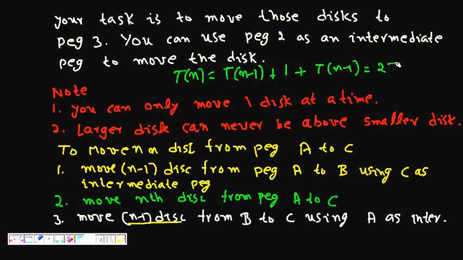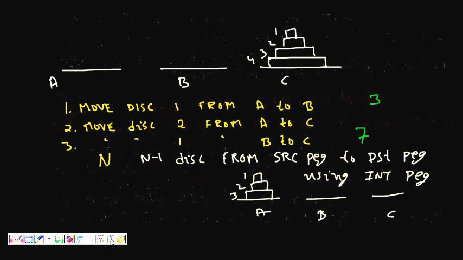Which is equal to 2T(n-1) plus 1. So this becomes the recurrence relation: T(n) is equal to 2T(n-1) plus 1.